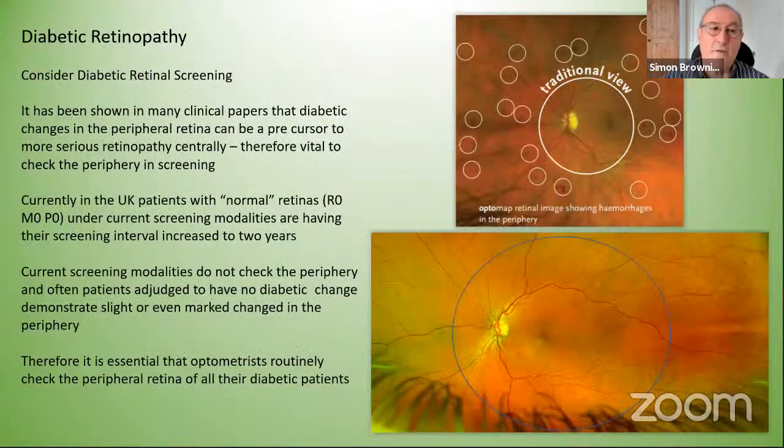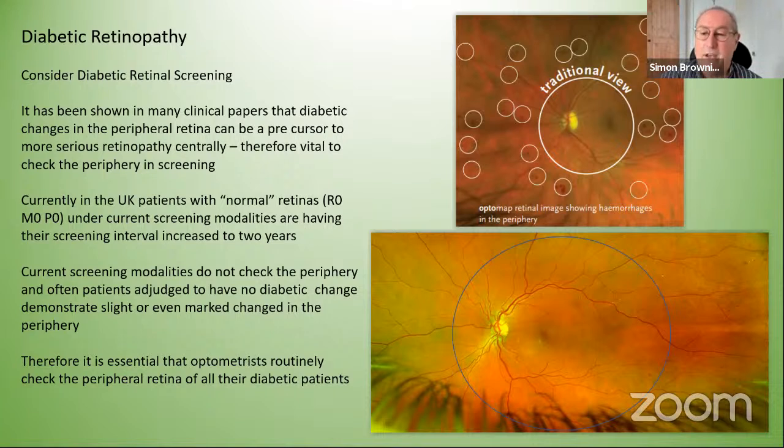To diabetic retinopathy, this is really, really important nowadays to optometry, because the diabetic screening committee are now looking at saying normal patients only need to be monitored every 2 years. But we know many, many times patients who are defined as R0, M0, P0, they've got no diabetic retinopathy, but that's only in the area that the screening committee have looked at.